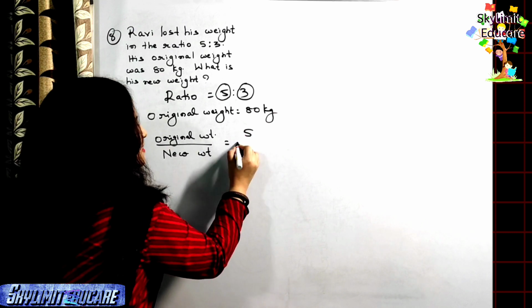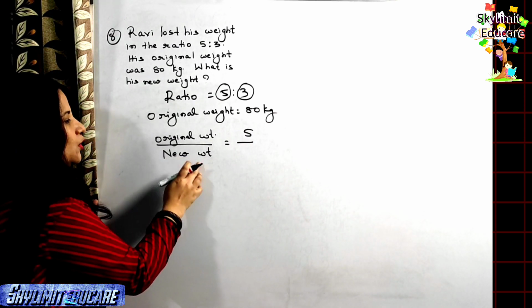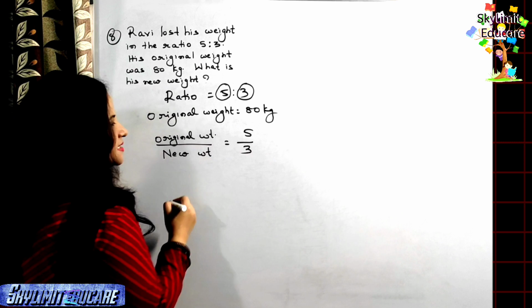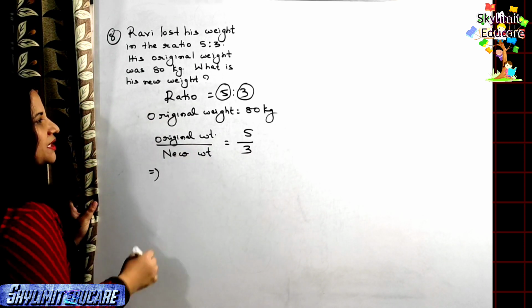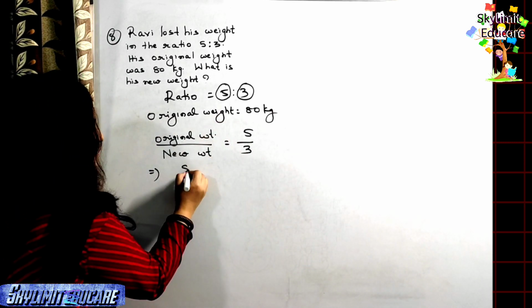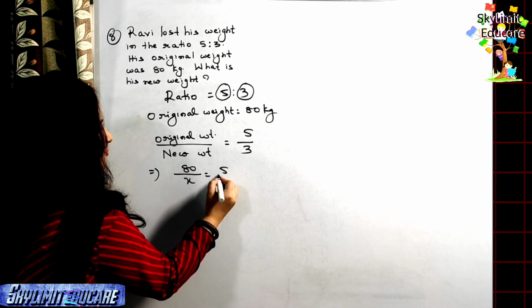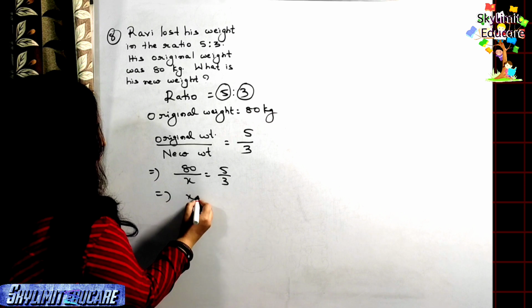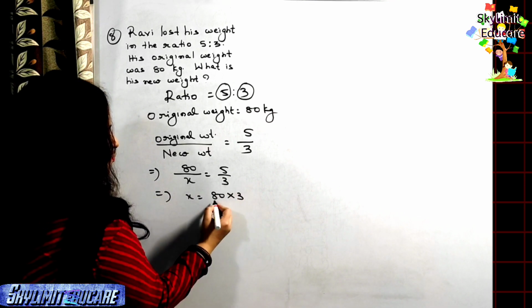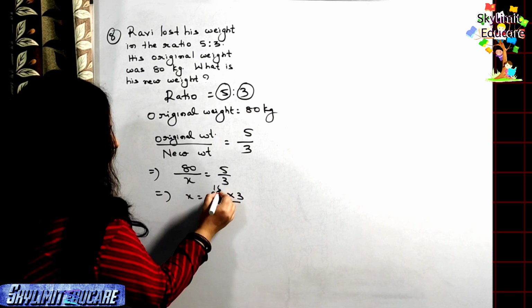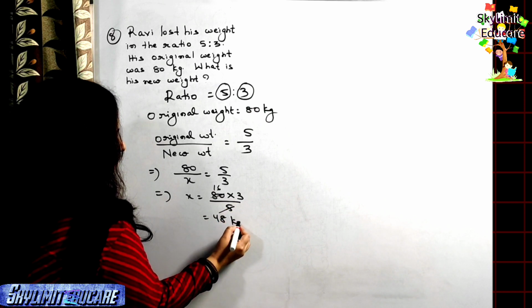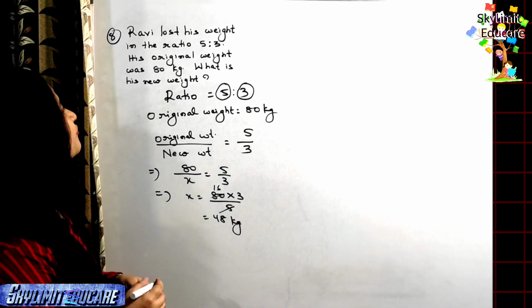Obviously 5 represents the original weight, and new weight is less, so 3 represents the new weight. So original weight is already given, 80. Let the new weight be x. x by... 80 multiplied by 3 divided by 5. So that means 48 kilogram is the new weight of Ravi.